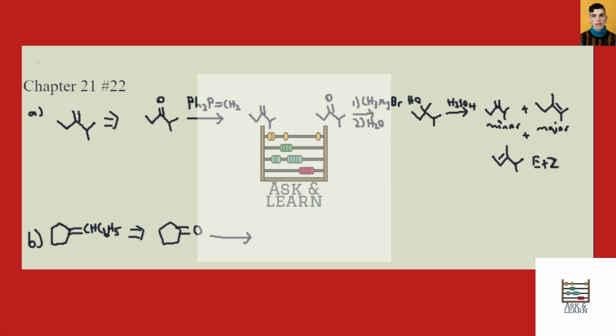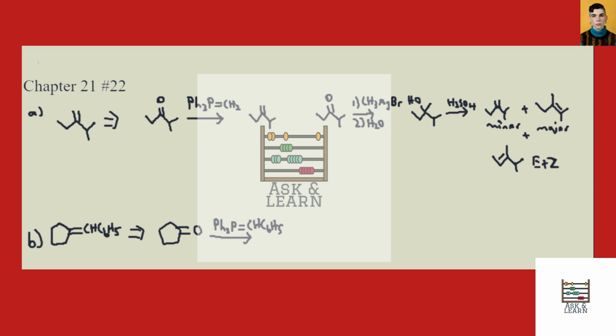So in this case, it's going to be a benzyl Wittig, Ph3P=CH-C6H5. And that's going to give us our desired product.